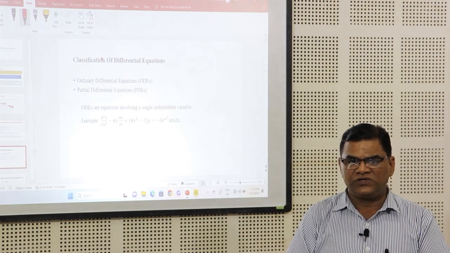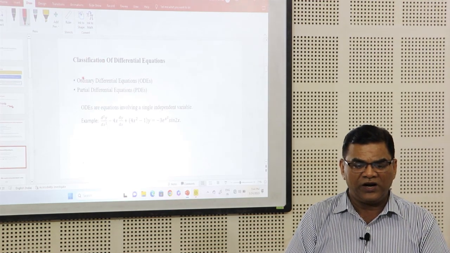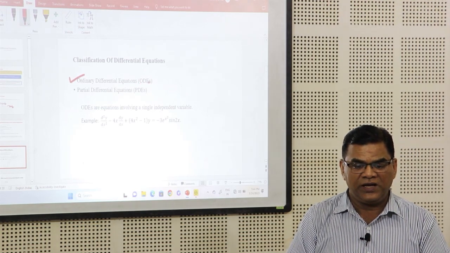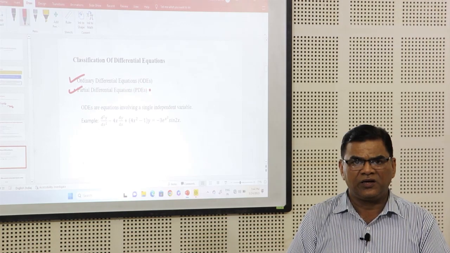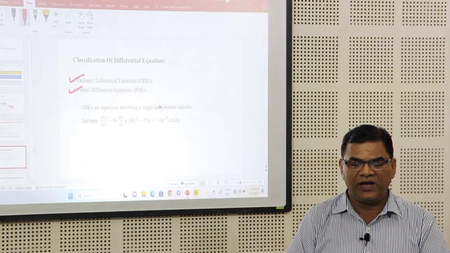Classification of differential equations. We can classify differential equations into two parts. One is the ordinary differential equation, ODE, and the other is the partial differential equation, PDE. Ordinary differential equations are equations involving a single independent variable.